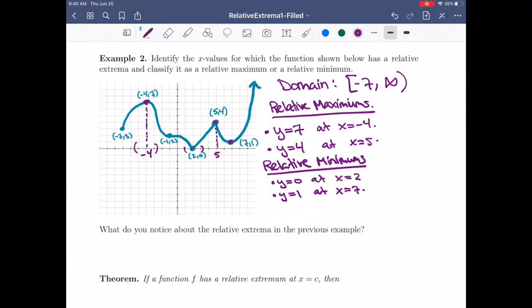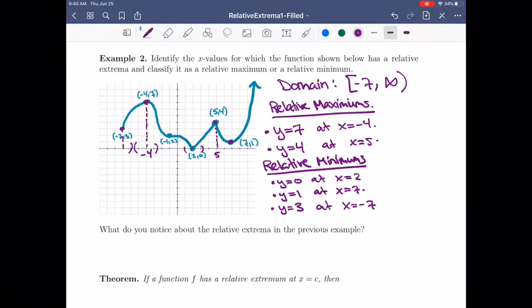And also this endpoint. The endpoint of the domain, y equals 3, is also a relative minimum because it's at the end, so we only consider the half interval, from -7 to somewhere outside, you can go all the way to -4 if you want. This is the smallest y value. So this one is an endpoint.